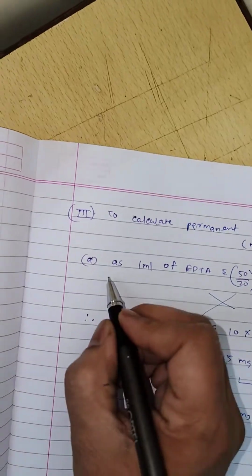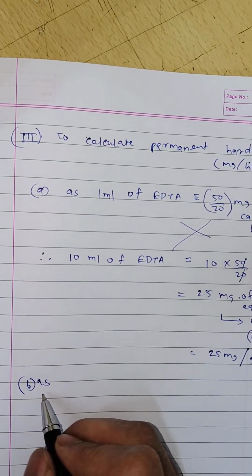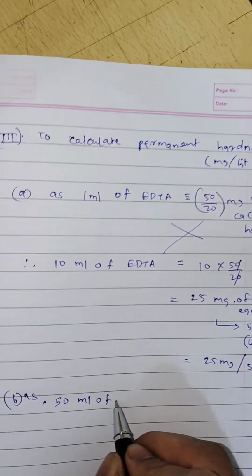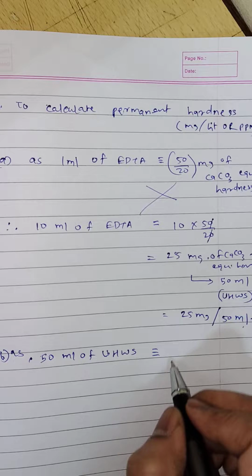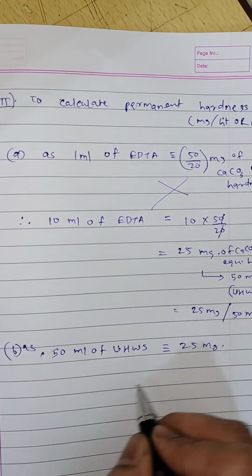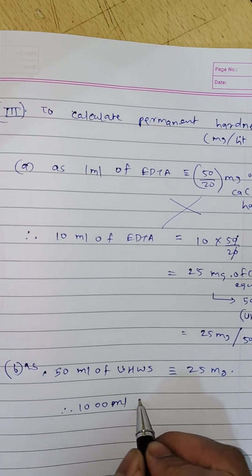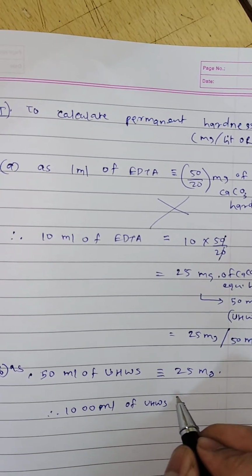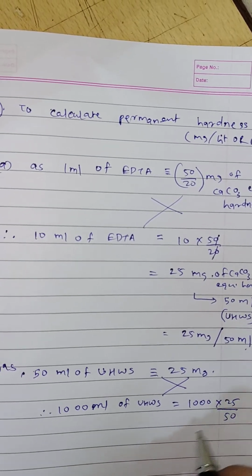So as this was point A, this will be point B in the same point number 3. So as 50 ml of unknown hard water sample corresponds to 25 milligram, therefore 1000 ml of unknown hard water sample corresponds to what hardness? So it will be cross multiplication: 1000 into 25 upon 50.